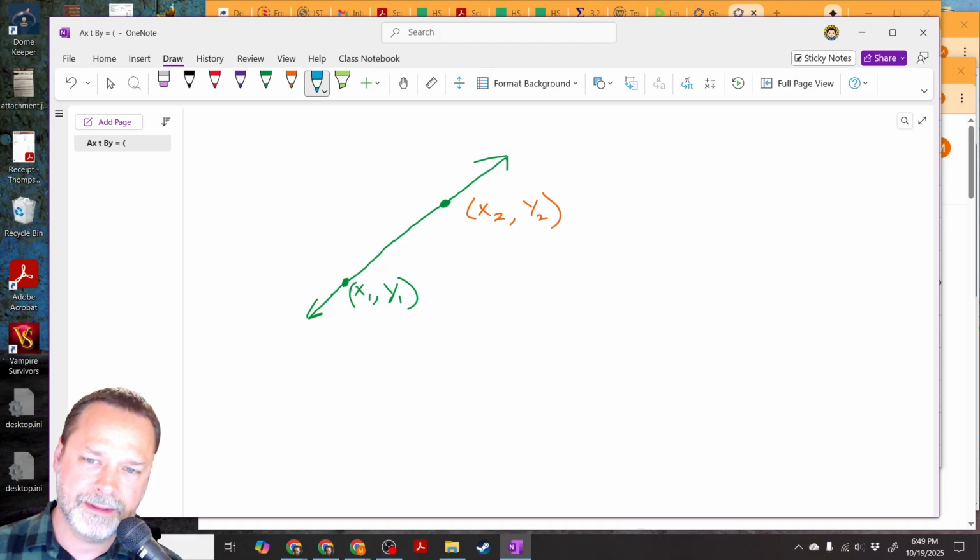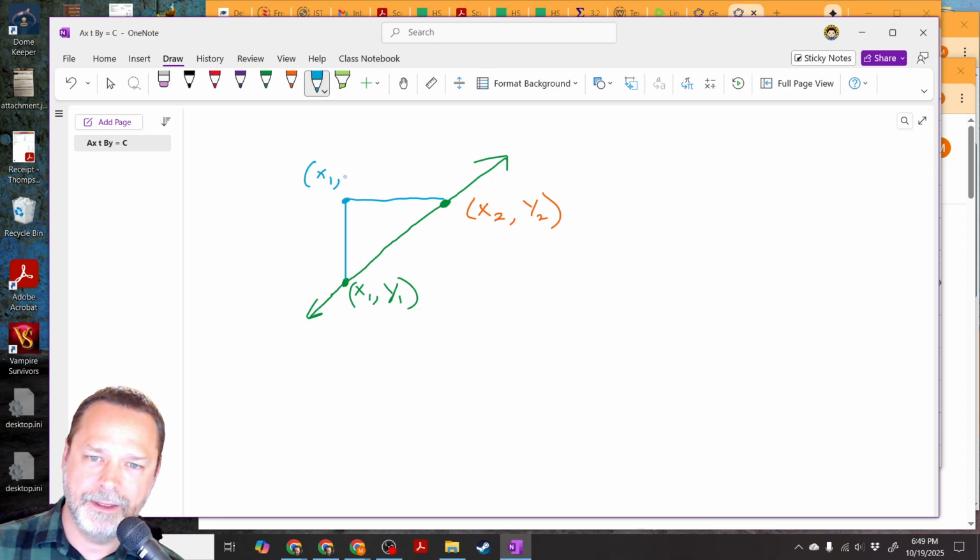So if I want to go from x1, y1 to x2, y2, I'm going to need to go up and then over. But what is that rise? Well, it's very easy to figure out. This point here is actually x1, y2.